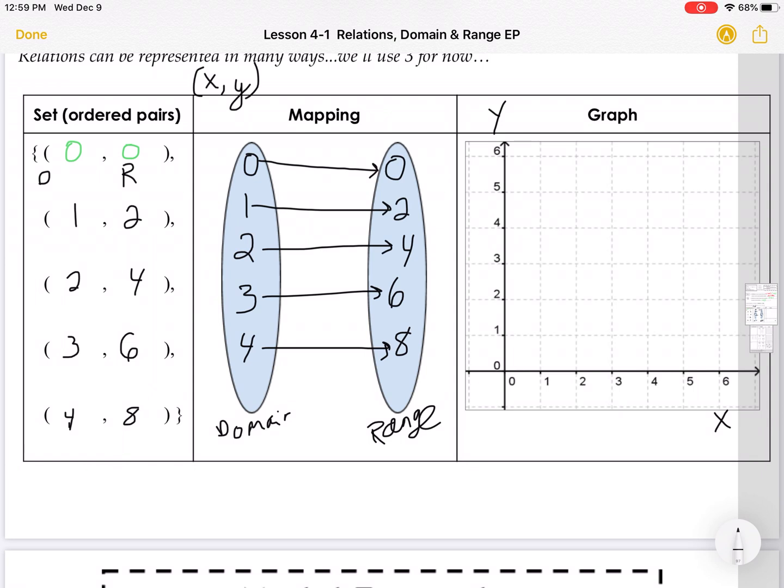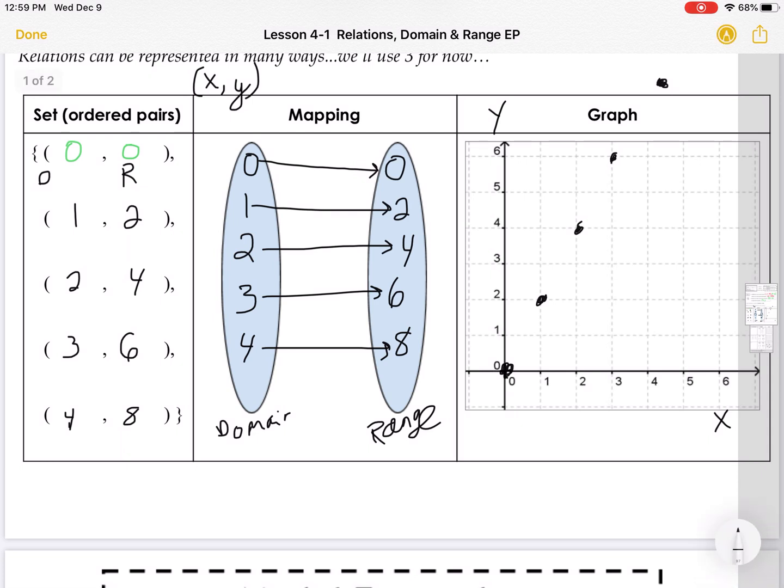So if I'm graphing, I'm going to say, okay, I want to graph (0, 0). That's going to go right here. (1, 2) is going to go right here. (2, 4) is going to go right here. (3, 6) is going to go here. And (4, 8) is actually going to be kind of off the graph, but that's okay. It's going to go up here. So we can represent relations either as a set of ordered pairs, as a mapping, or as a graph.